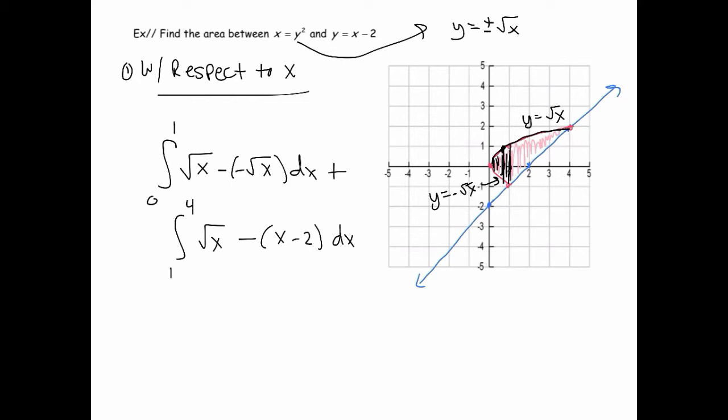So here's a situation where the lower curve changes on the interval, so you need to break this up into two integrals. There's no way to do it in just one integral. However, there is if you decide to switch perspectives and say we're going to integrate this with respect to y, and then we're integrating from the bottom upwards.